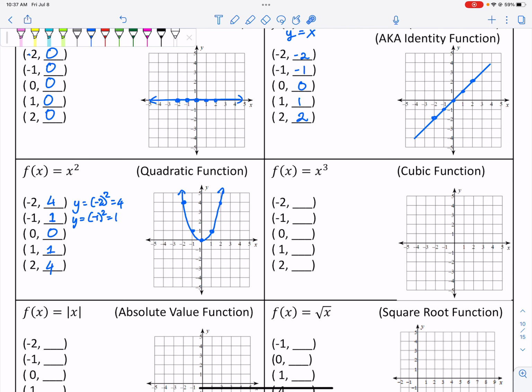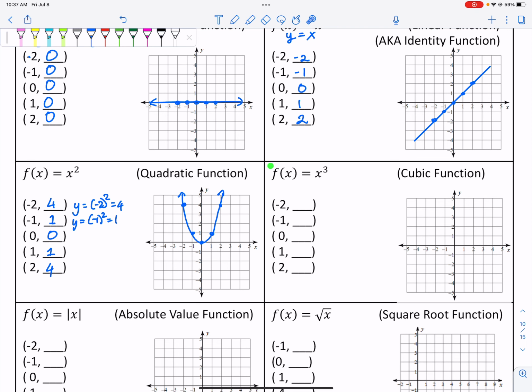All right, next, let's look at the cubic function, f of x equals x cubed. If we plug in x is negative 2, then negative 2 times negative 2 times negative 2 is negative 8, so the output is negative 8. Input negative 1, the output is negative 1. Input 0, 0 to the third power is 0.